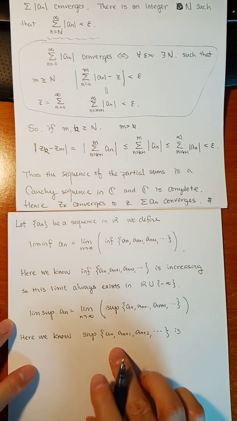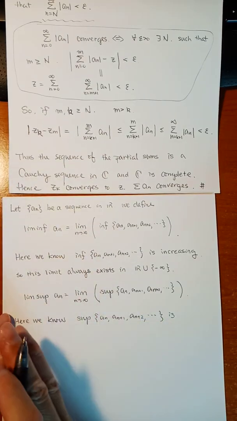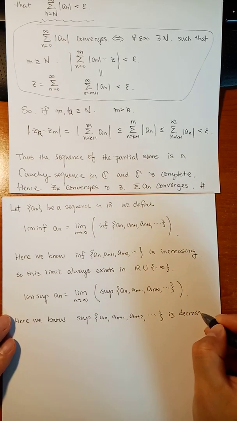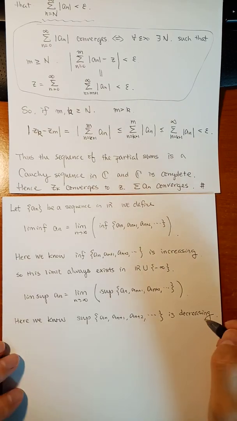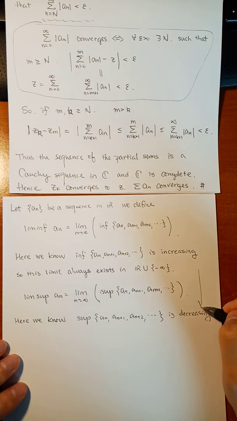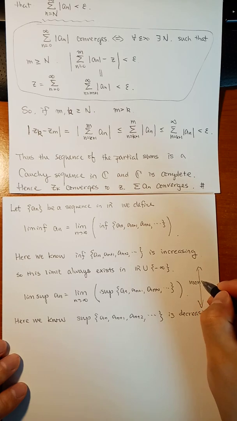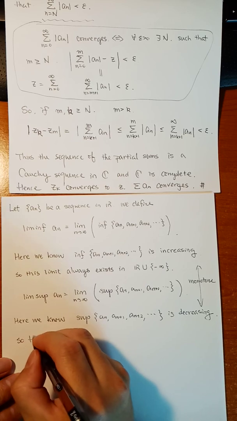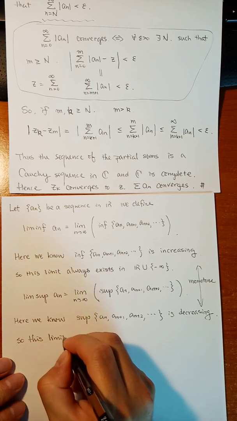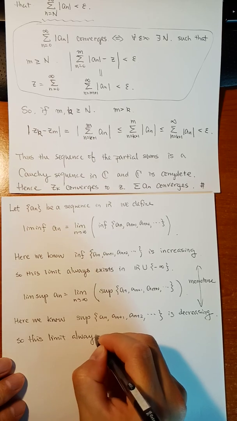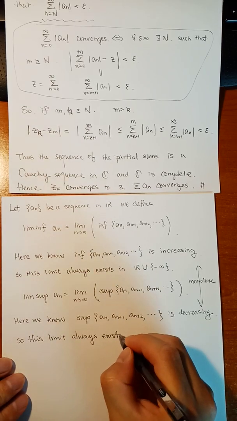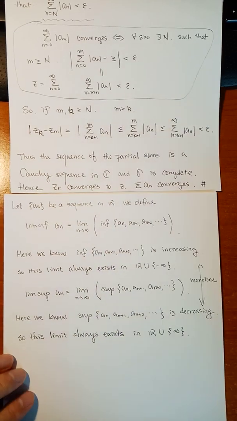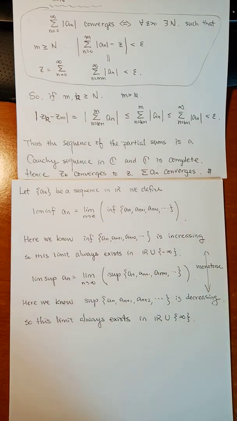Every time you skip terms, the supremum is decreasing, non-increasing. So it's again monotone. These two, you can both call monotonic. So this limit, again, always exists in R union positive infinity. It could be positive infinity, whenever you say supremum.